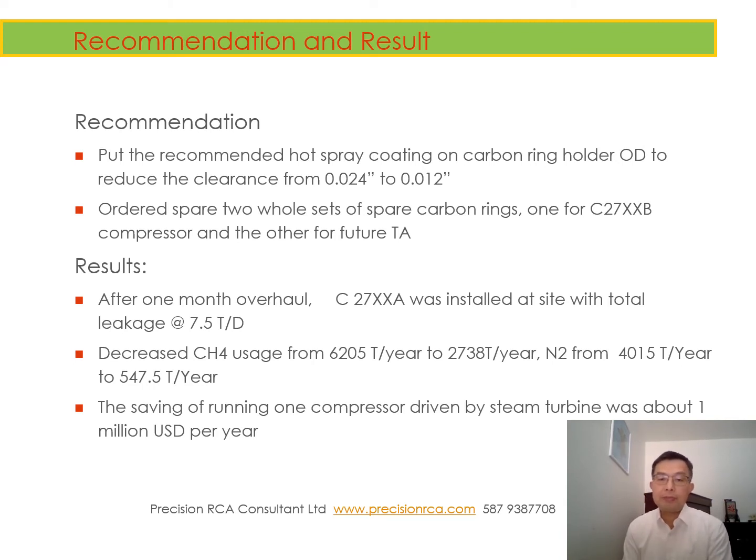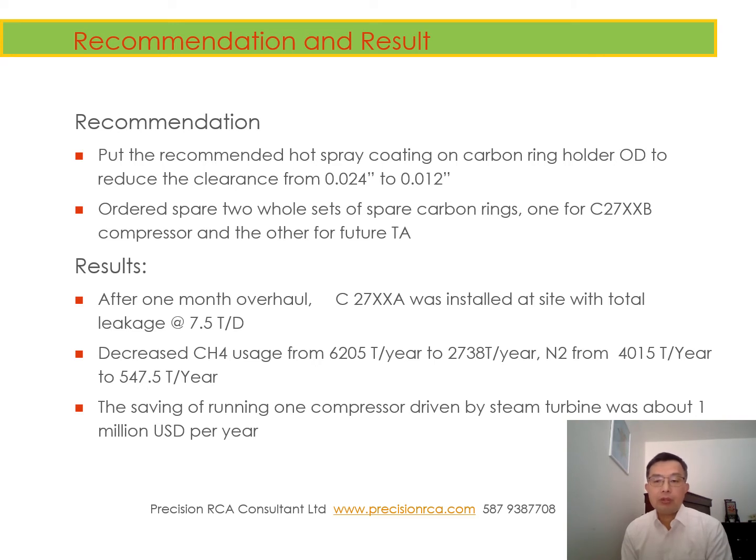So it's a big improvement, reducing the seal gas. We also reduced the natural gas usage from about 6,000 tons per year to 2,738 tons per year, and a huge reduction in nitrogen usage from about 4,000 tons per year to 447.5 tons per year.